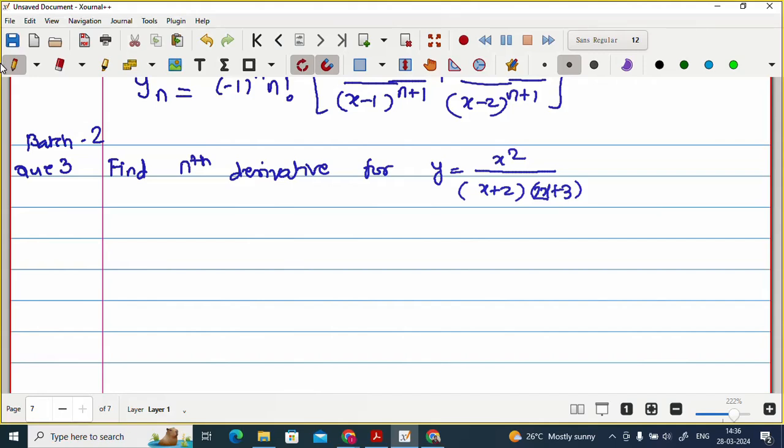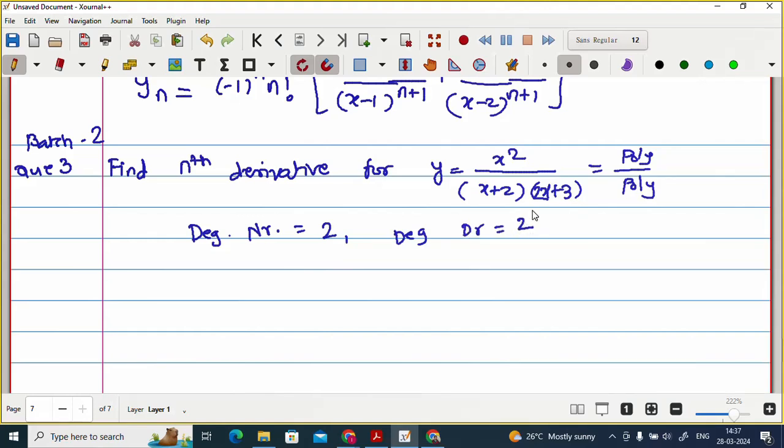The example we just solved was of a similar type, but the only difference is that though it is polynomial upon polynomial, if you see the degree of the numerator, what is the degree of the numerator? Degree means the maximum power of x. It is 2, and what is the degree of the denominator? The degree of the denominator is also 2.